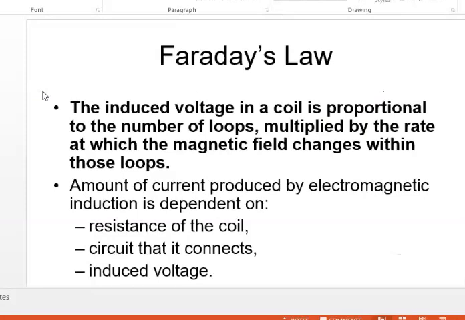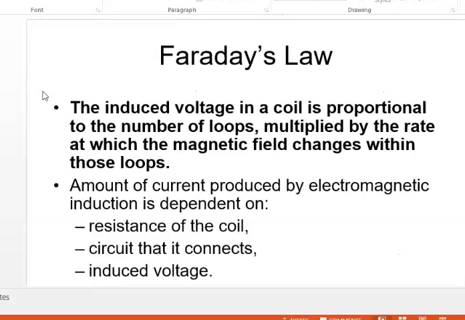According to this law, the induced voltage in the coil is directly proportional to the number of loops or turns multiplied by the rate at which the magnetic field is changing within these coils or loops.